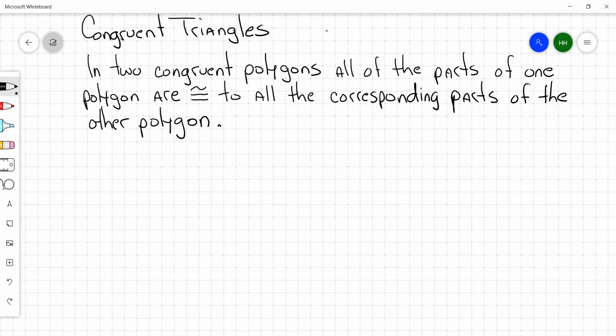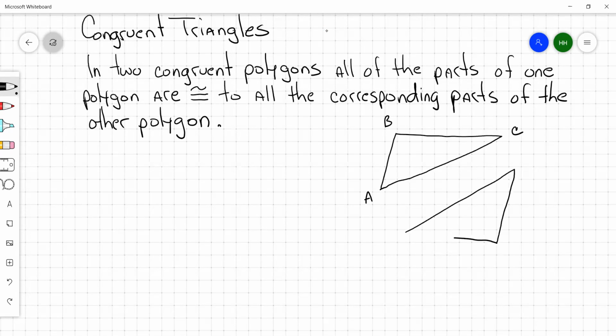If we've got a triangle here, triangle ABC, and another triangle, HJK, we're going to state some facts about these two triangles, both in a picture, and then with symbols.